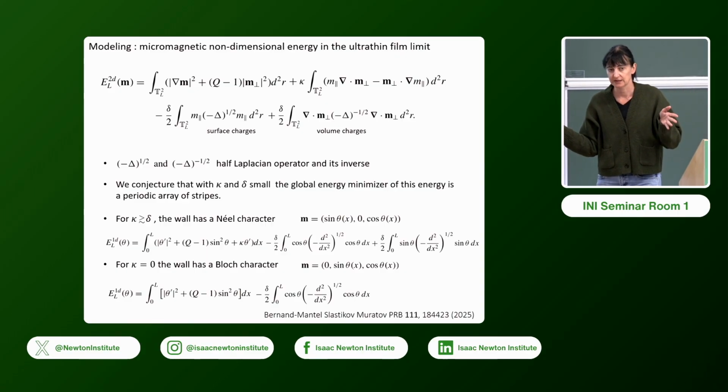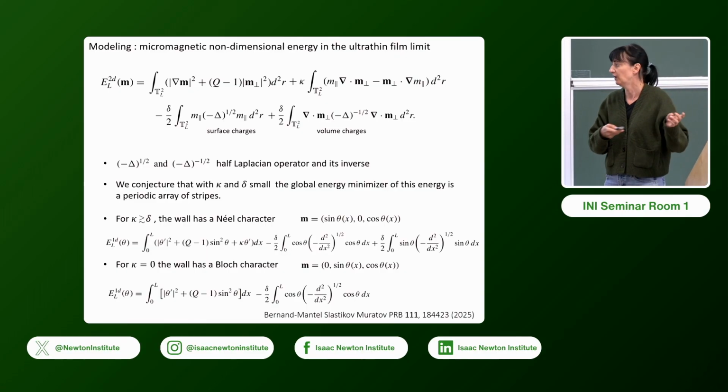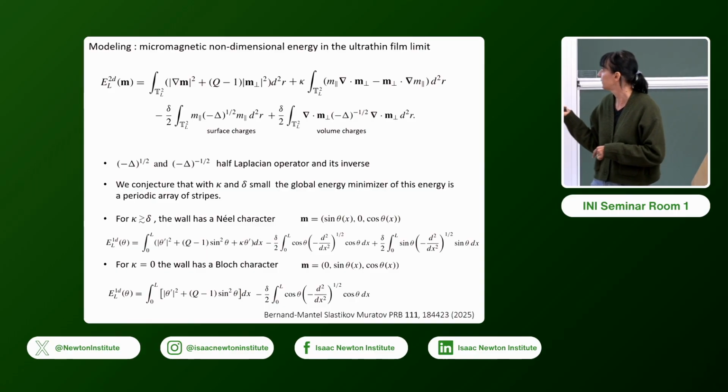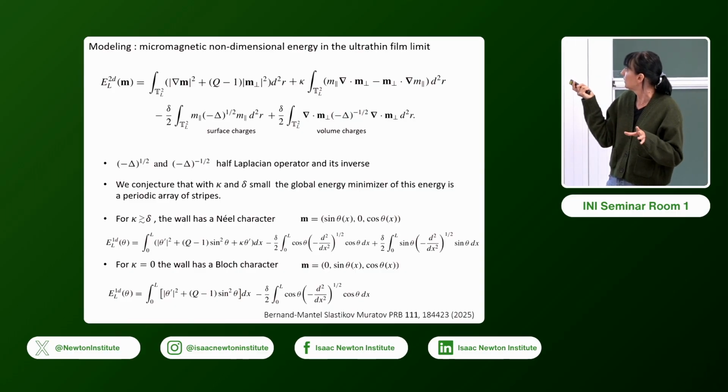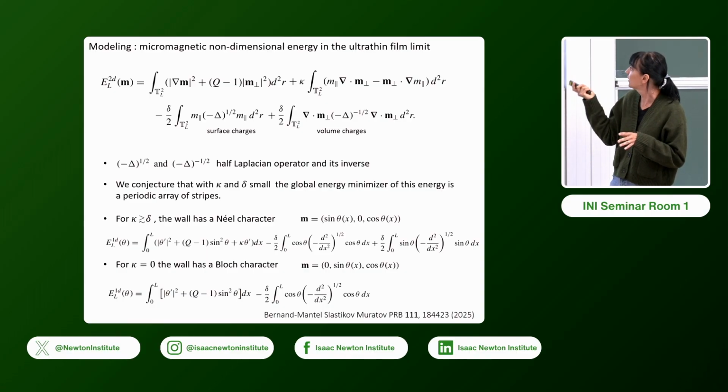And the good thing is that in this regime there is a decoupling between volume and surface charges, and you see that the stray field energy appears in a local way here, renormalizing the anisotropy, and the non-local part of a surface and volume contribution.